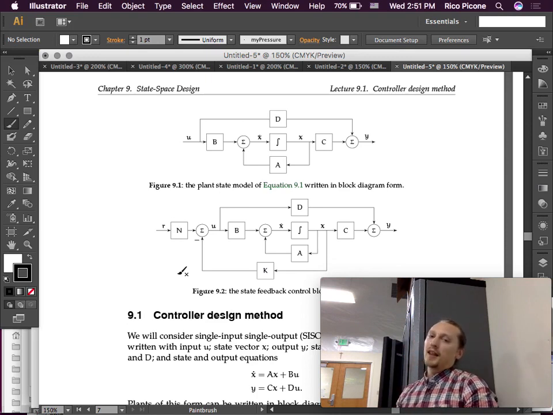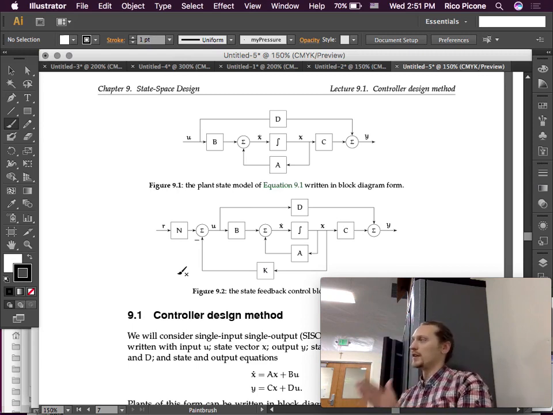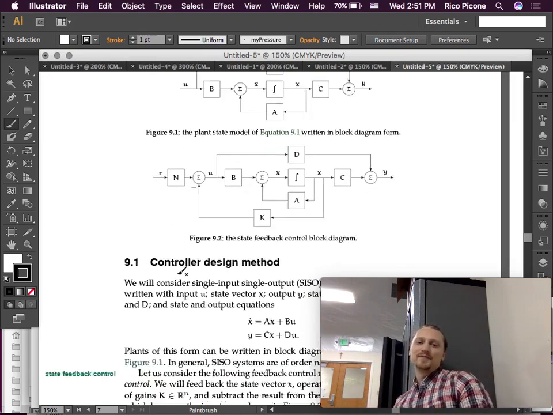And we're not going to consider that in this class, not knowing all the internal states. We're going to assume that you know all of them. This introduction gives you the stepping stones to do the next level of output feedback, but this is the easier one. So we'll go with this first. Okay.